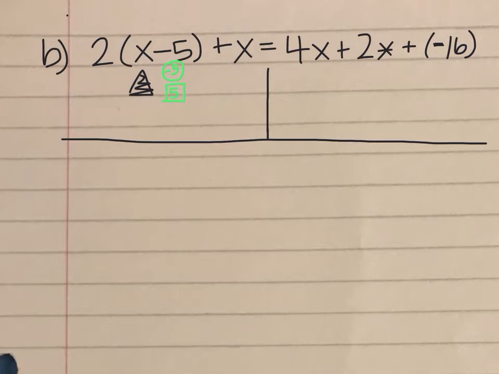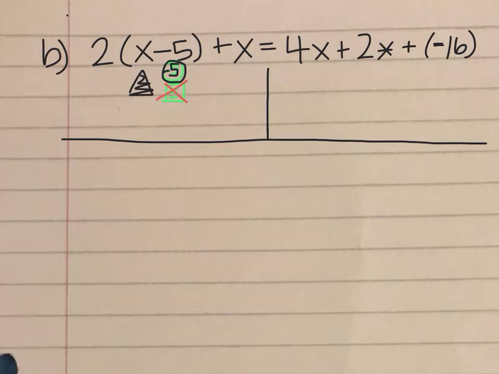And now if I'm just sticking to what's inside the parentheses, it looks like I need to start with an x and then take away 5. So I am going to take away my regular 5 there. And now what's left inside those parentheses is an x plus a negative 5.